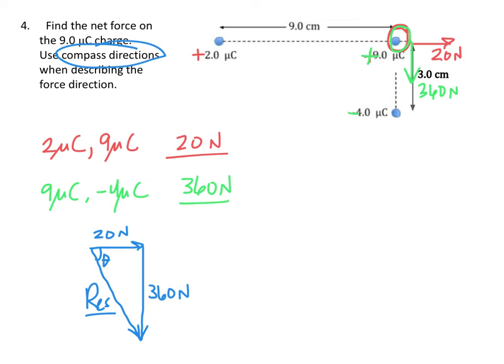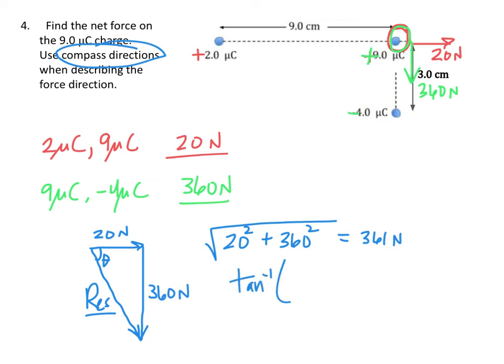So we would use the Pythagorean theorem, 20 squared plus 360 squared, square rooted, to find the magnitude, the overall value of this force. It comes out to be 361. And then we would use the tangent function, or at least that's what I would use, the inverse tangent. So the opposite from the angle is 360, and the adjacent to the angle is 20.